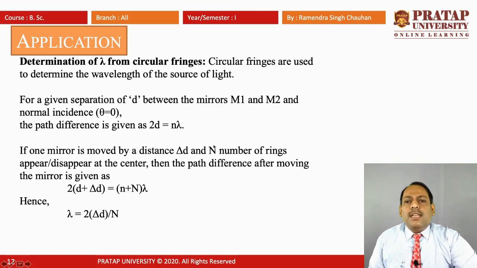So, for determining the wavelength of light, we can use the Michelson interferometer, and what we do, in the beginning, is set the interferometer at the central position, and suppose at the central position the order of the fringe at the center is nth order, and so we have 2d is equal to n lambda as the condition.